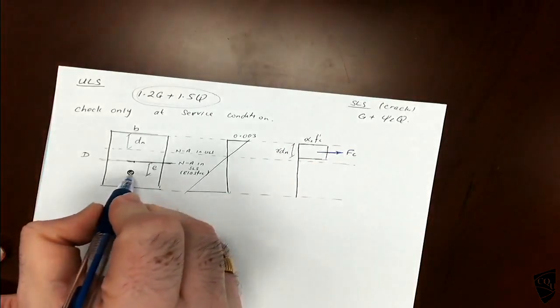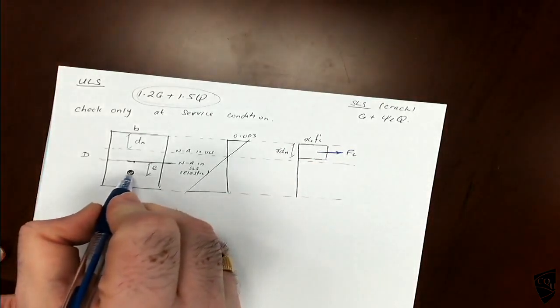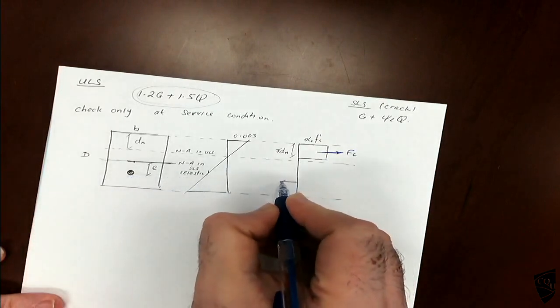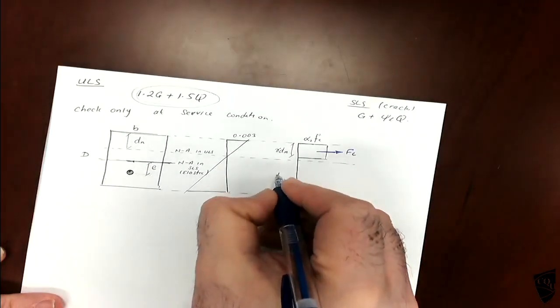So here we have a steel pre-stress, so that is here. We just put it as PT.